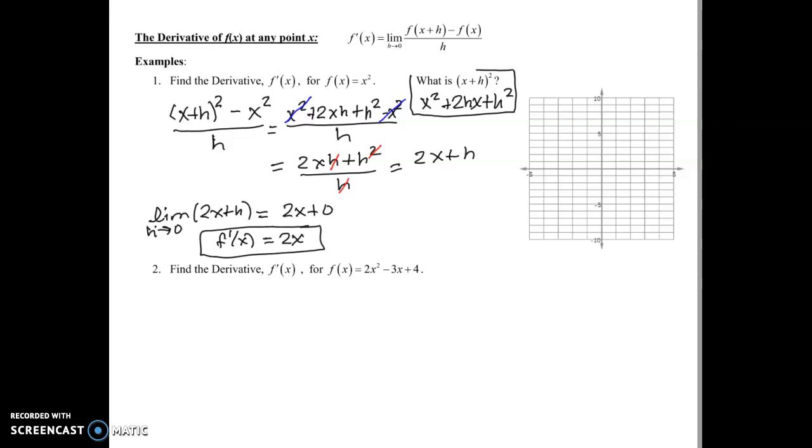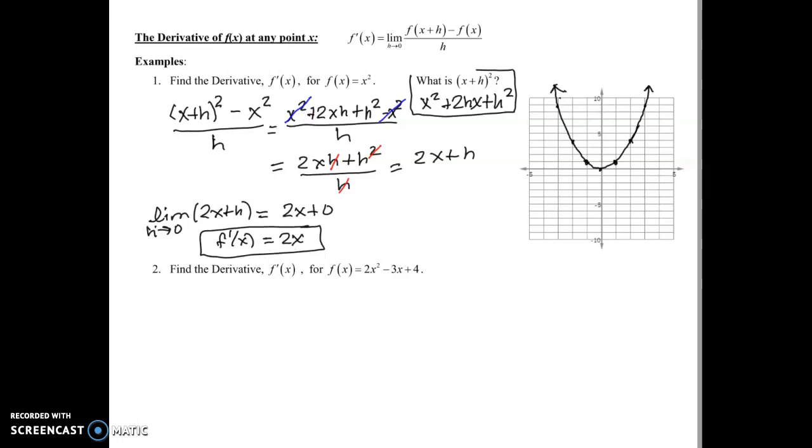So what does this really mean? What are we finding, right? We said, well, this represents the equation of the tangent line. So what I want to do is draw the graph of x squared over here. All right, so here is my graph of x squared. So the derivative is 2x. If I am at the point when x equals 1, if I put 1 into this equation, 2 times 1 is 2.